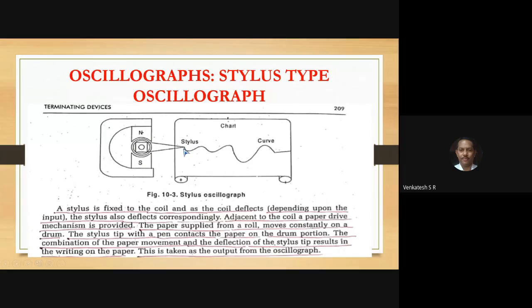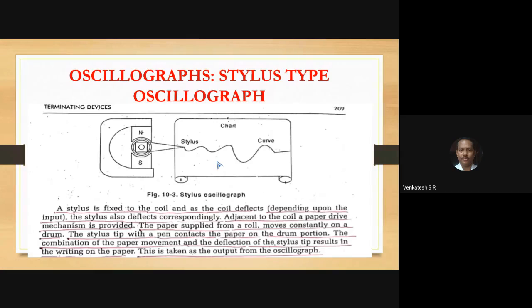Below the stylus, there will be a paper or chart running in the forward direction, so that the stylus provides the output of the measurement of the heartbeat in terms of waveform that can be measured in terms of heartbeats per minute.